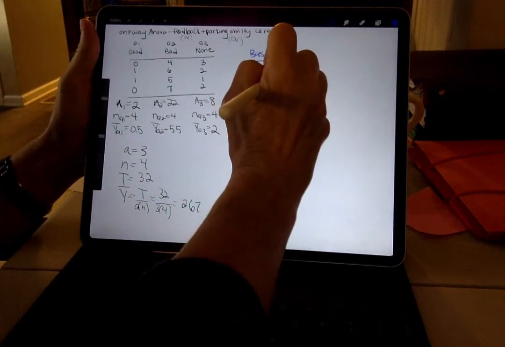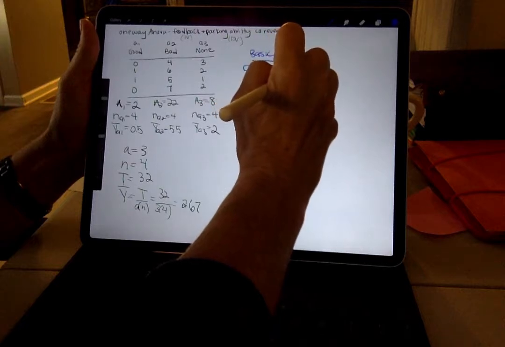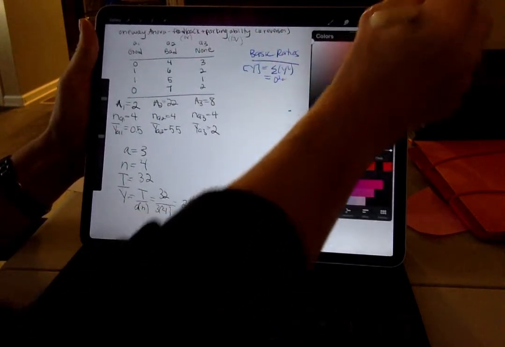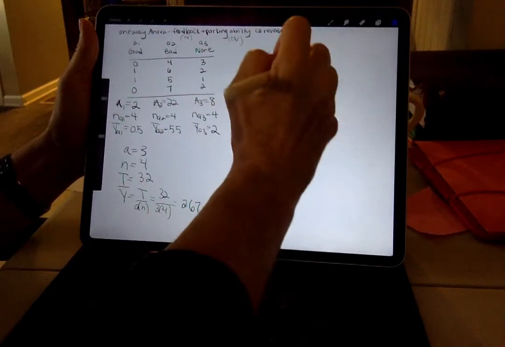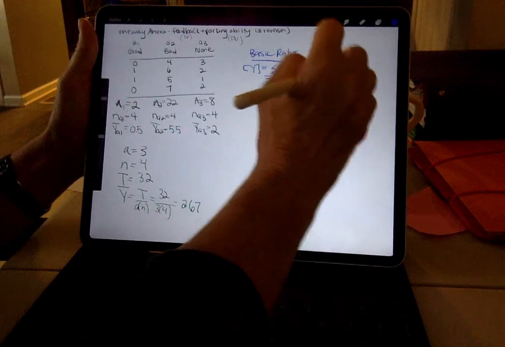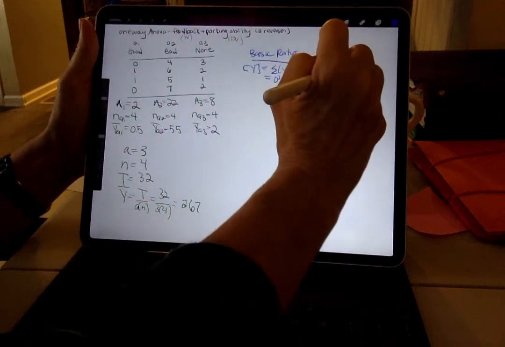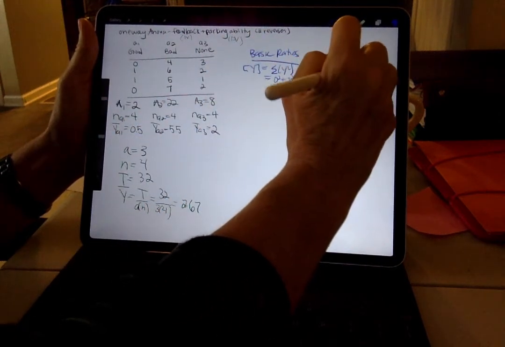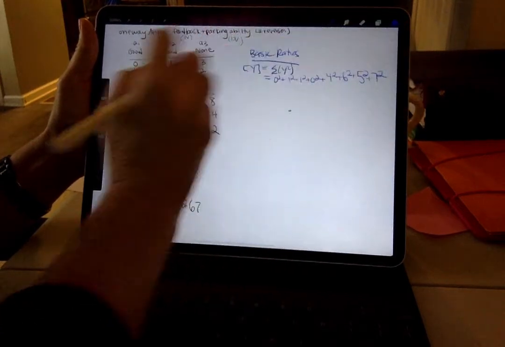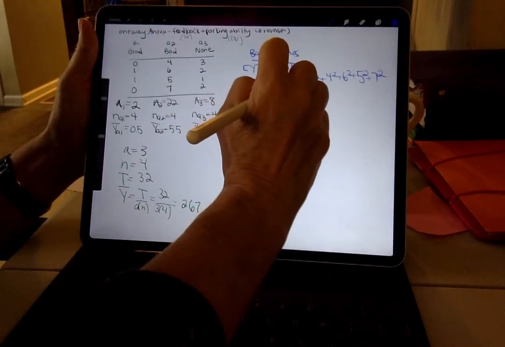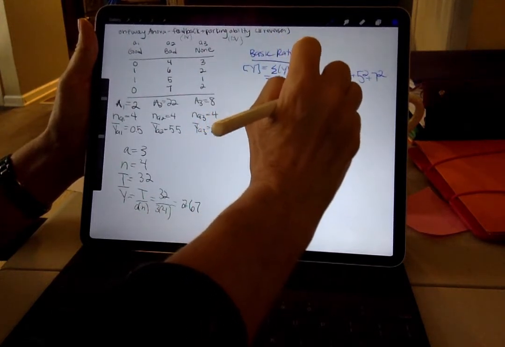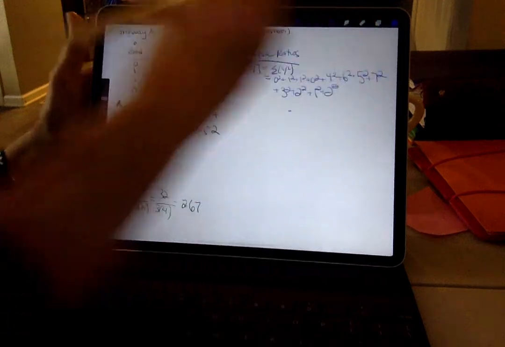So we have 0 squared plus 1 squared plus 1 squared plus 1 squared plus 0 squared. Moving on to the next column, plus 4 squared plus 6 squared plus 5 squared plus 7 squared. And then moving on to the third column, plus 3 squared, 2 squared, 1 squared, and 2 squared.